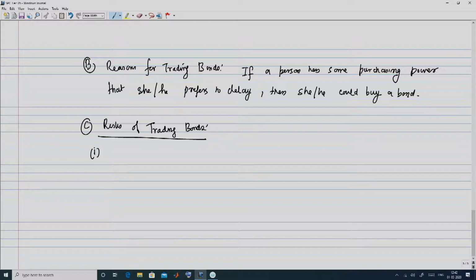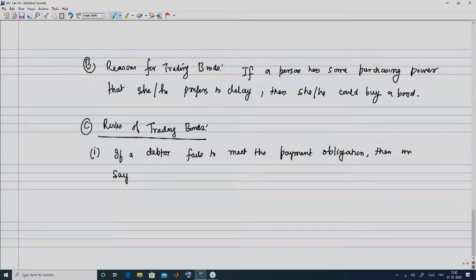So, the first one that we look at is that if a debtor, and this as I pointed out happens in case of corporate bonds, fails to meet the payment obligation, that means the coupon and the nominal payment obligation, then we say that the debtor has defaulted.